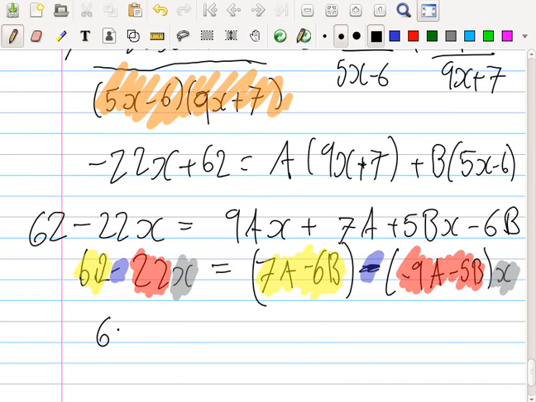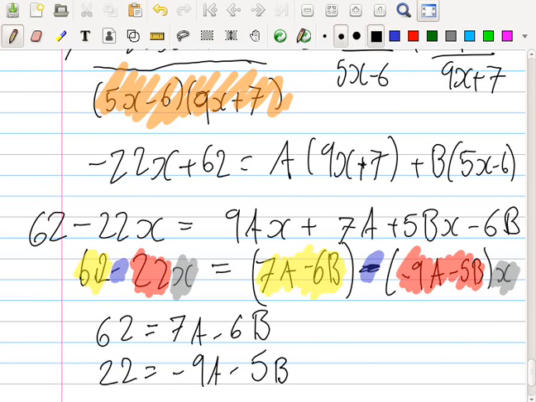So what can I say 62 equals? 7a minus 6b. And what can I say 22 equals? Minus 9a minus 5b. What do you do with the x? Well, I can say x equals x. But that's not good, because I'm looking at the number, not the sign, because I have the signs already the same.